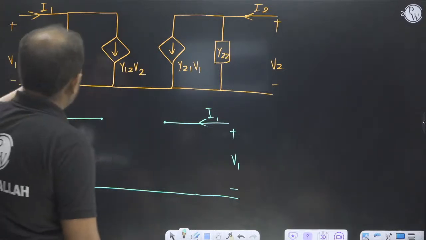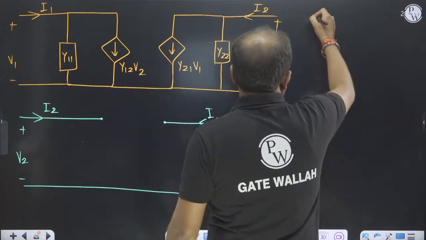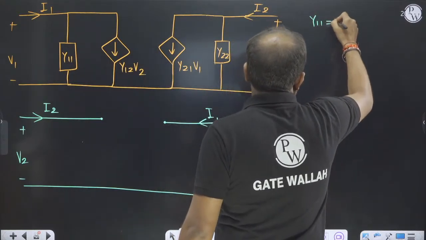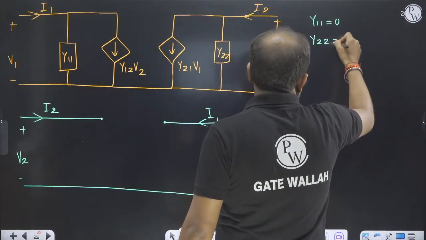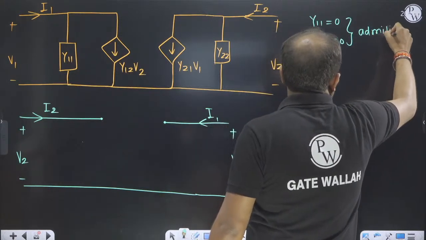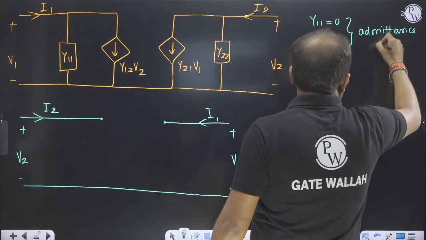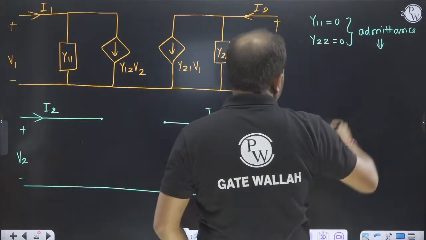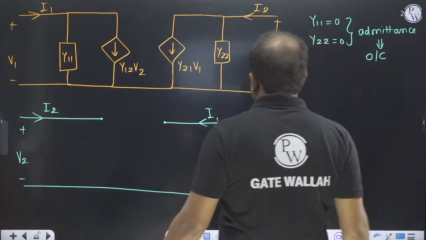Try to understand. Y11 is equal to 0 or Y22 is equal to 0. Admittance 0 means impedance infinity, and impedance infinity means open circuit.